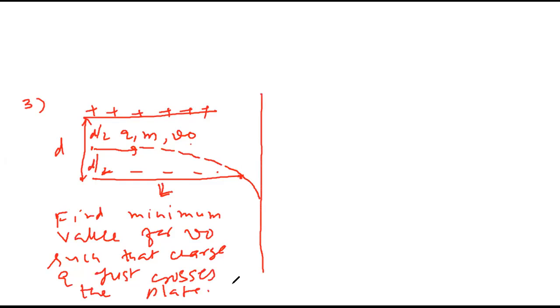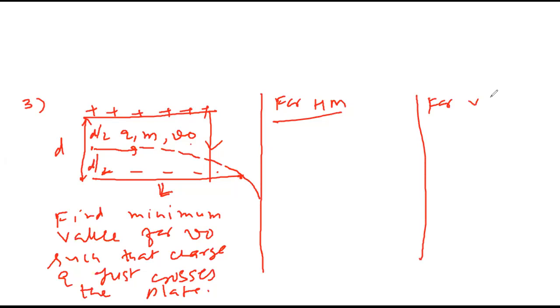So for what value of V naught is it just crossing the plate? The electric field is acting downward from positive to negative. Again, I suggested whenever it is curvilinear motion, there are two motions, horizontal and vertical. If you select both, automatically you will get the answer.